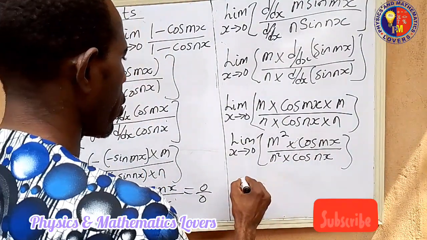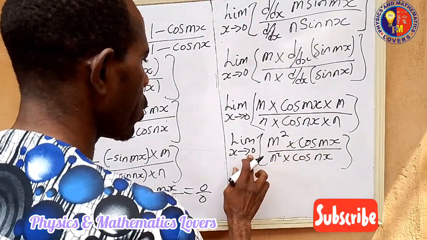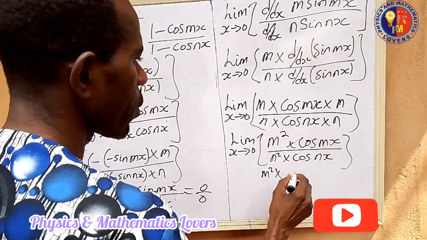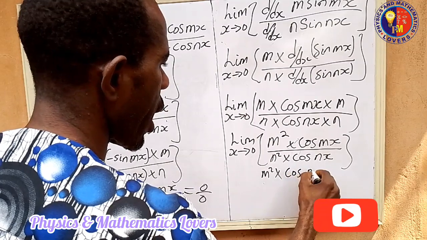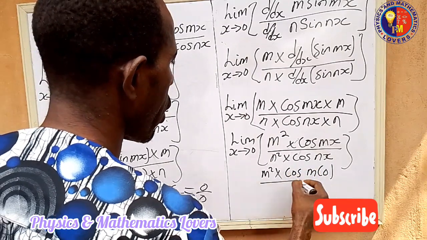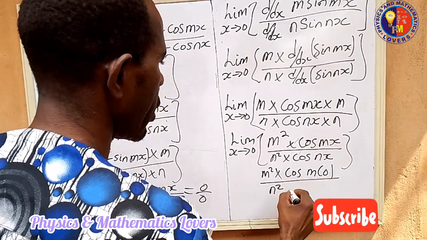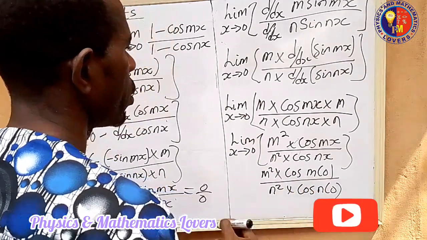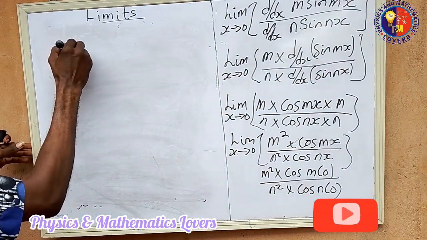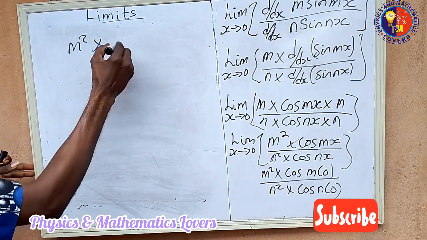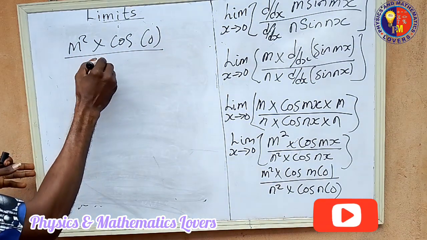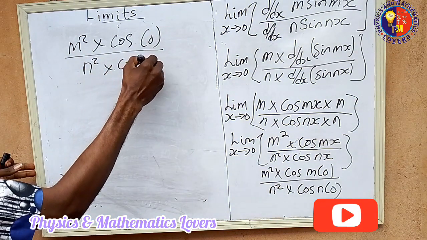So at the end of the day, we're going to plug in 0 wherever you see x. So you're going to have what? m squared times cos m times 0, then all over n squared times cos n times 0. So of course, m squared times cos 0 all over what? n squared times cos 0.